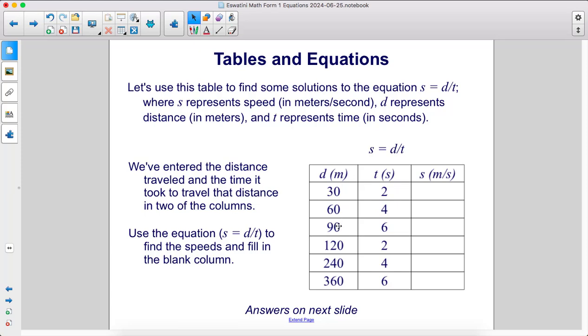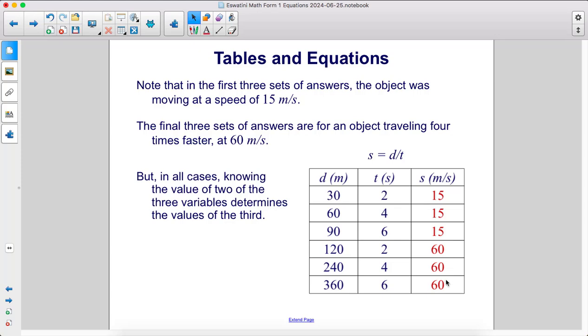We've entered the distance traveled and the time it took to travel that distance in 2 of the columns. Use the equation s equals d over t to find the speeds and fill in the blank column. So what's 30 divided by 2? d over t, 30 over 2, is 15.